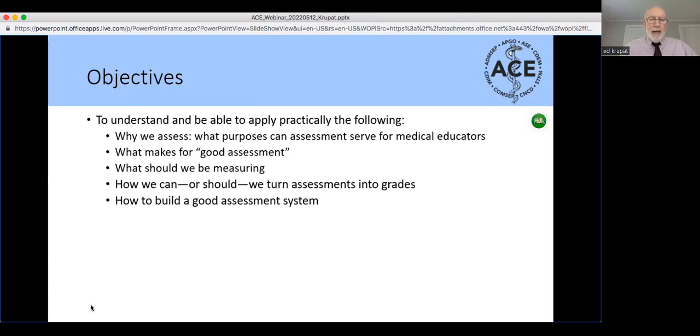I know many of you, if not most of you, are involved in clerkship leadership, and very often there's the question of applying grades. And what I should say in advance, by the way, is two things. First of all, I'd like this talk to be very practical.